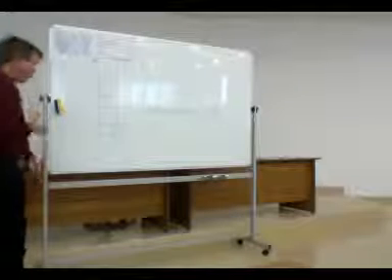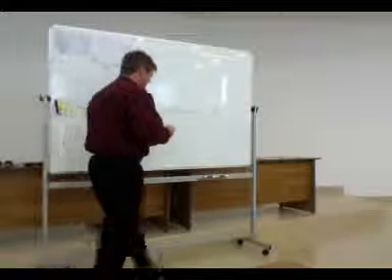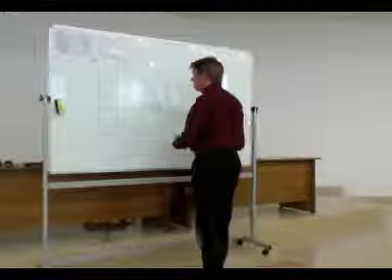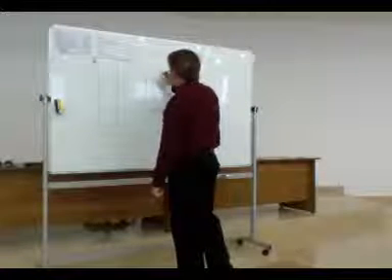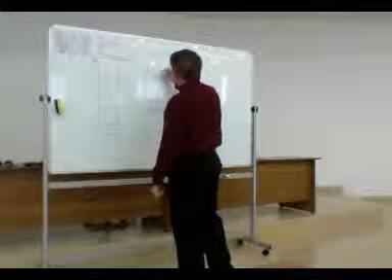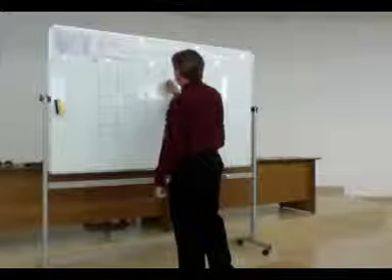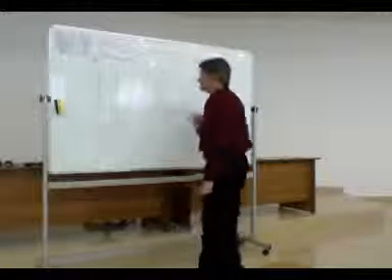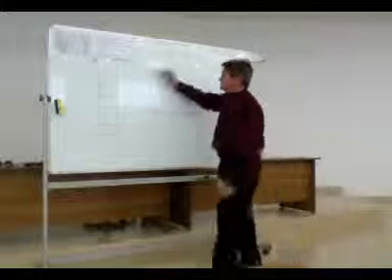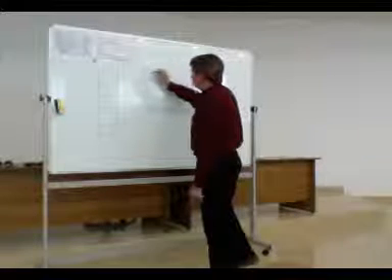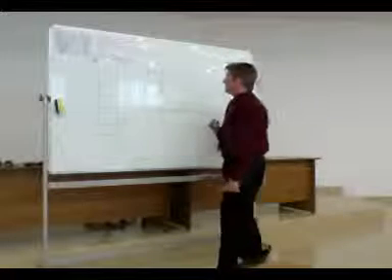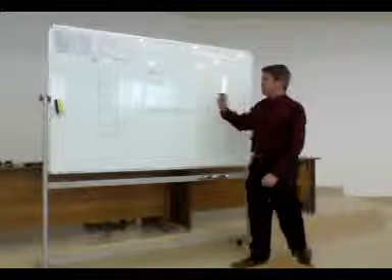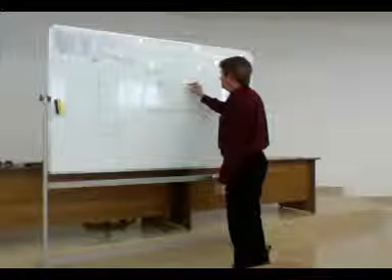In DNA, the letters for the chemicals are A, T, C, and G. So A and T go together, C and G go together, and you can have this combination too.